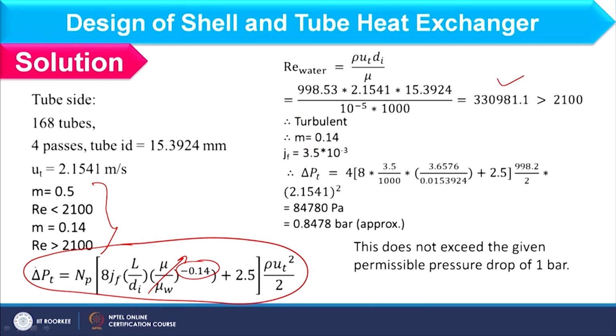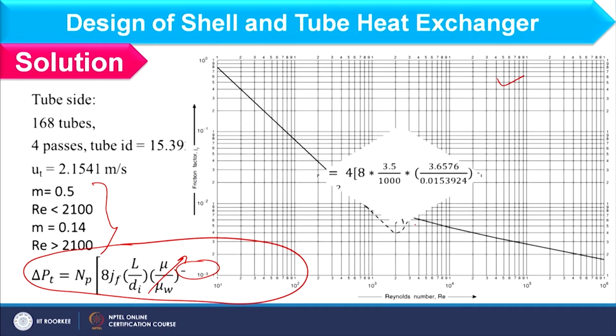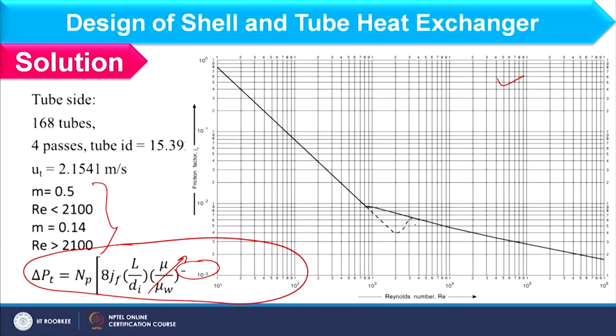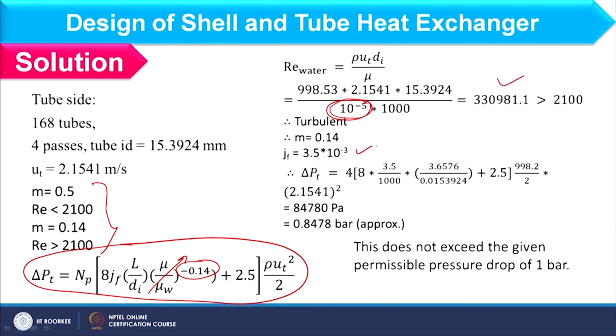Okay. So you have to find out JF also for pressure drop in tube side, and that you can find through this graph. Okay. So if you see the Reynolds number you can obtain as 3.3, JF value you can find as 3.5 into 10 power minus 3. Okay. So we can consider pressure drop calculation further considering the total length of the tube.